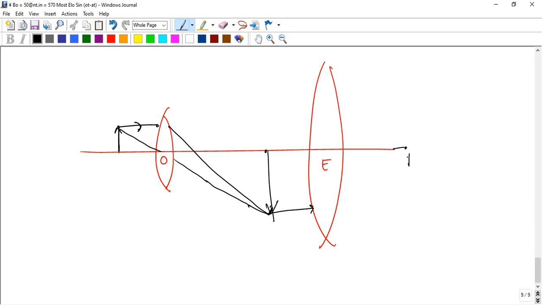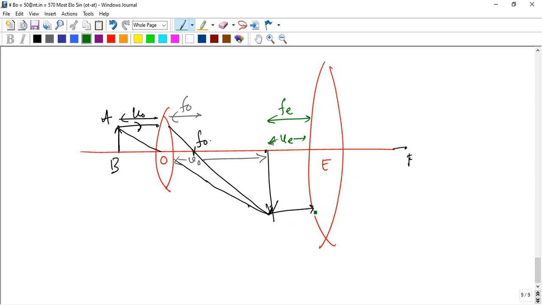This is F0, that's A, B. That's U0, and that length is the F0. That's V0, and that's UE, and that's also Fe.